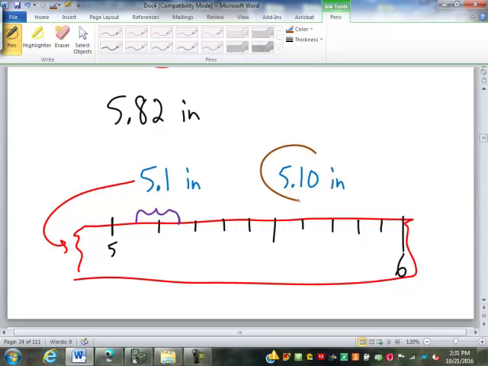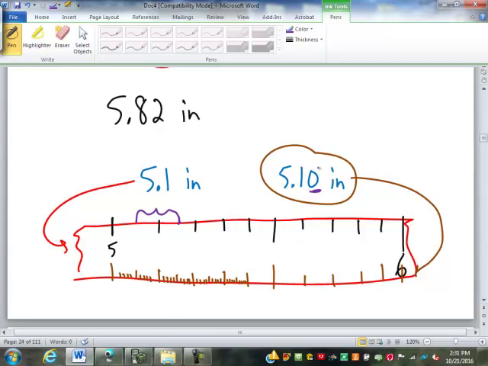The 5.10 here implies that what I'm measuring it on, pretend these are evenly spaced again. Yet one more day where I wish I was better at drawing. So anyway, you see here, for this one, it is actually divided down to the 100th of an inch.